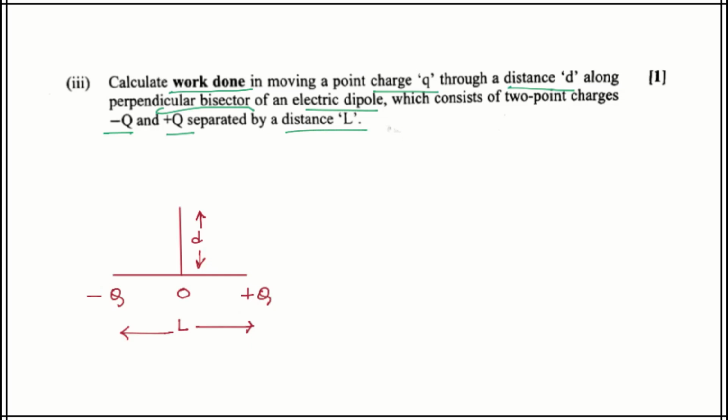Now in the question it is asked the work done in moving a point charge q. So therefore W equals q times V2 minus V1.